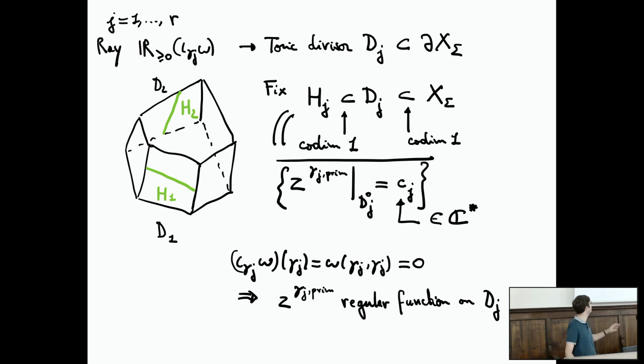And so this hypersurface has a concrete equation of the form monomial equal to a constant. I denote by cj this constant, and this constant lives in C star. And we pick any constants we like, and later we will argue that things are nice if these constants are in general position.